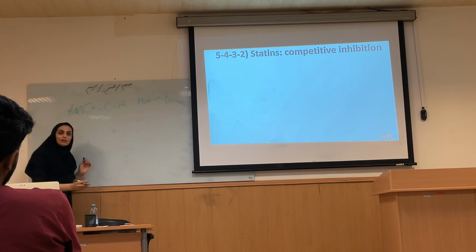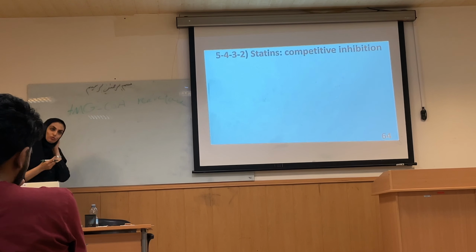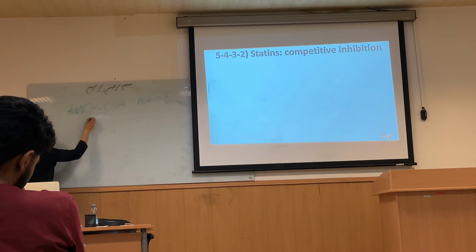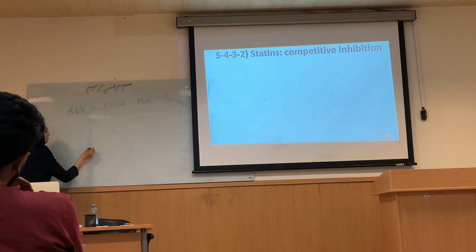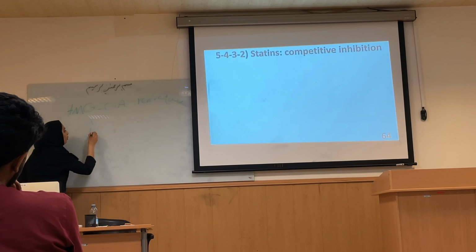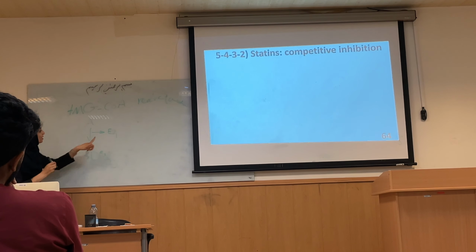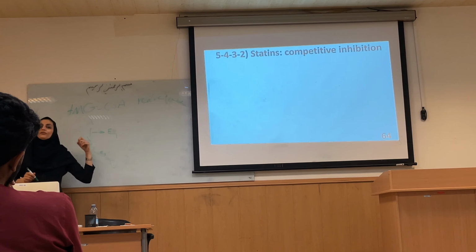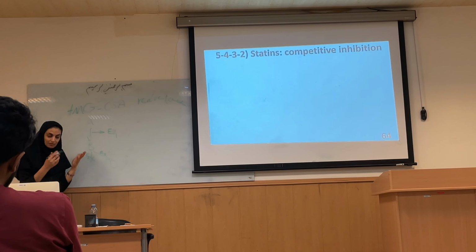Good. I want to tell you an important issue about enzymes. Imagine this is the metabolic pathway. The most important enzyme is here, which is regulated in different ways, for example phosphorylation and some other ways.